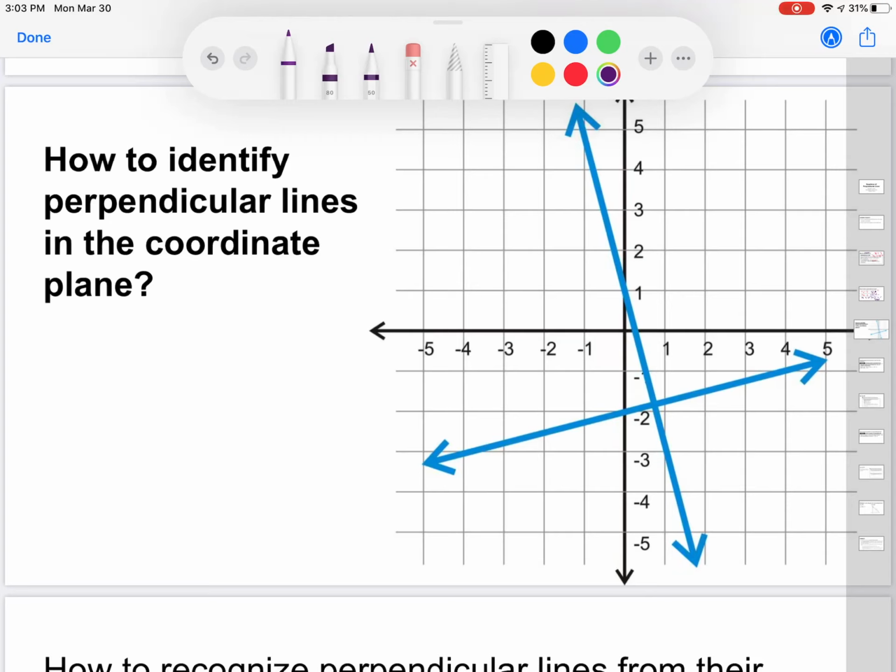Okay? So first of all, we're going to label our lines. This one we're going to call line number 1, and the one up here we're going to call line number 2. So if we first look at line number 1, we want to know what is the slope of line 1.